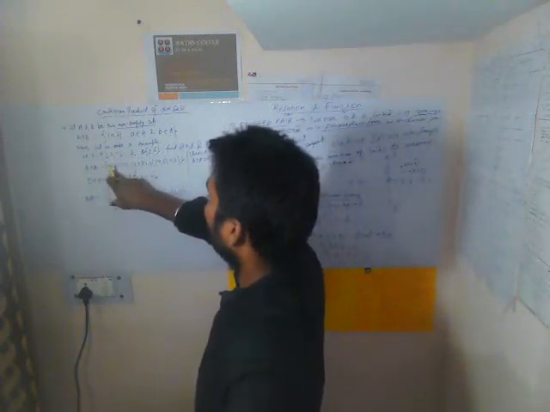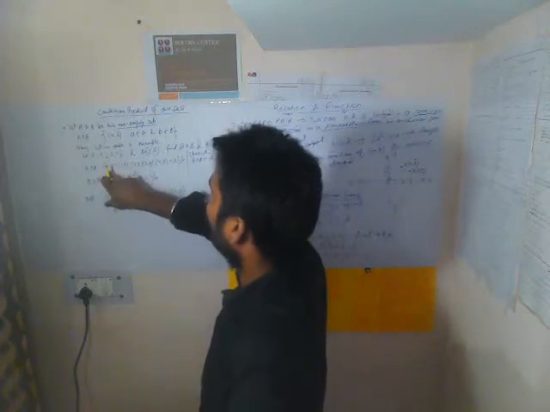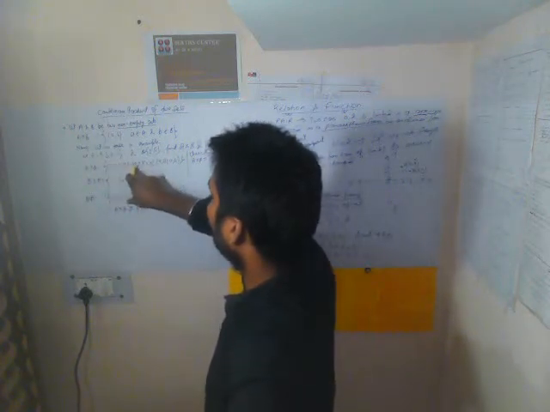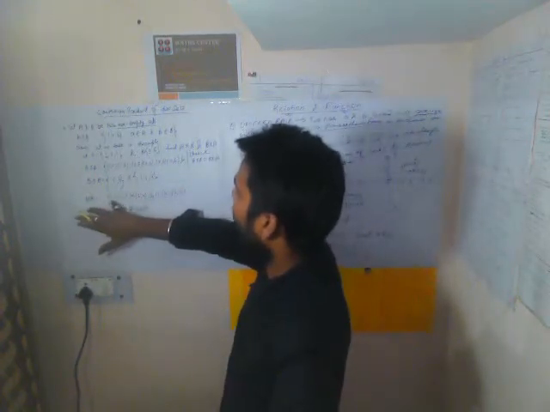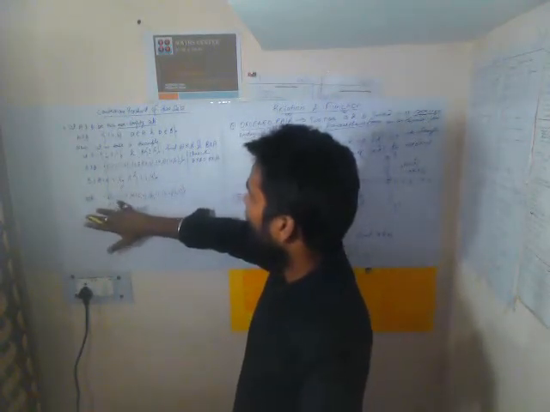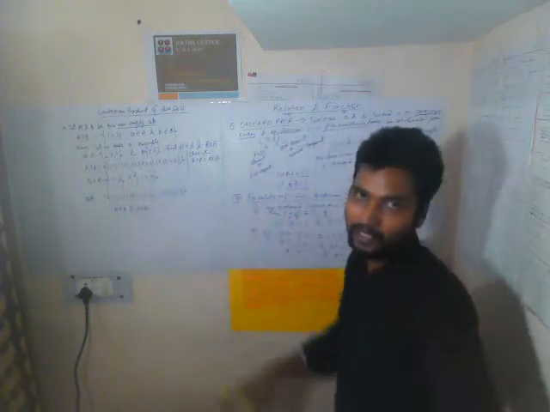Here the total number of ordered pairs formed is 1, 2, 3, 4, 5, 6, and here also the total number of ordered pairs formed is 6.